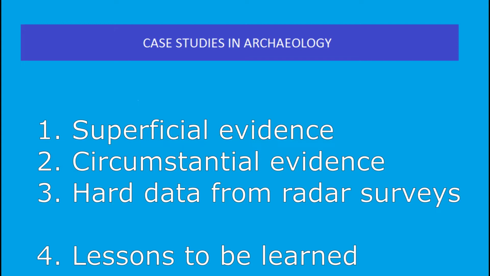The third class of evidence I want to look at is the hard radar evidence of the 3 GPR, ground penetrating radar, surveys. At the end, I'm going to summarise all of the data together, and I'm going to look at the lessons that can be learned from this project before I reach a conclusion.